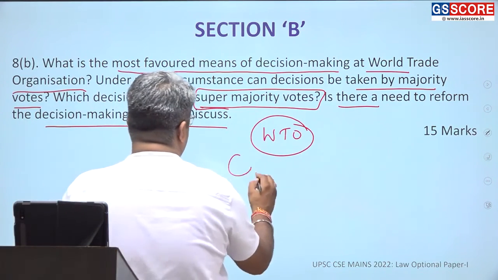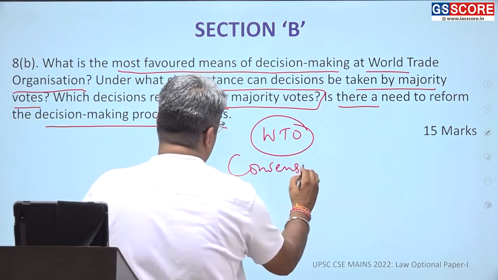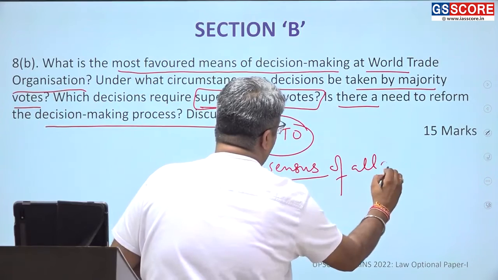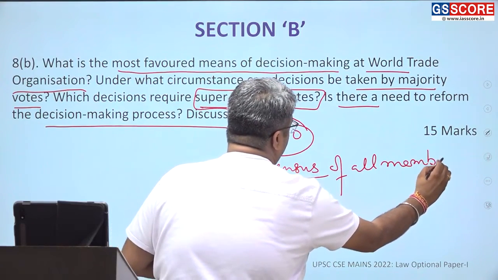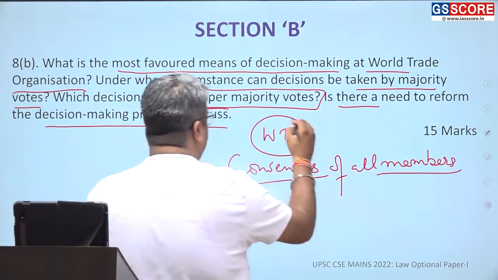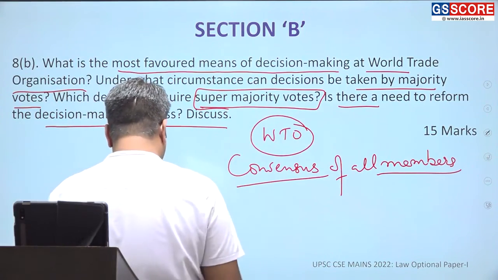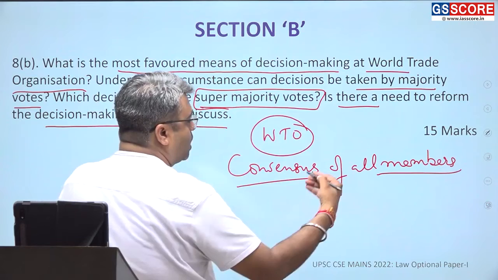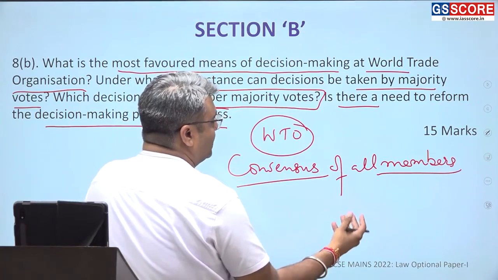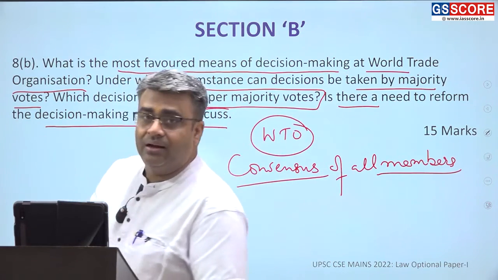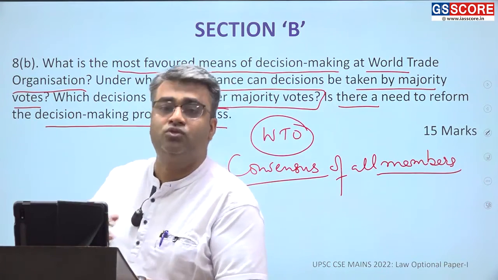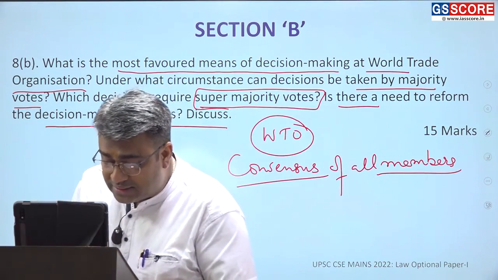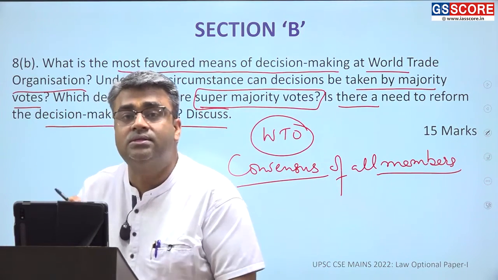Ordinarily, decisions are taken by the consensus of all members. Even if a single member does not agree with the decision, we try to pacify that country and we try to come to the consensus only. So generally the process of decision making at WTO is consensus.